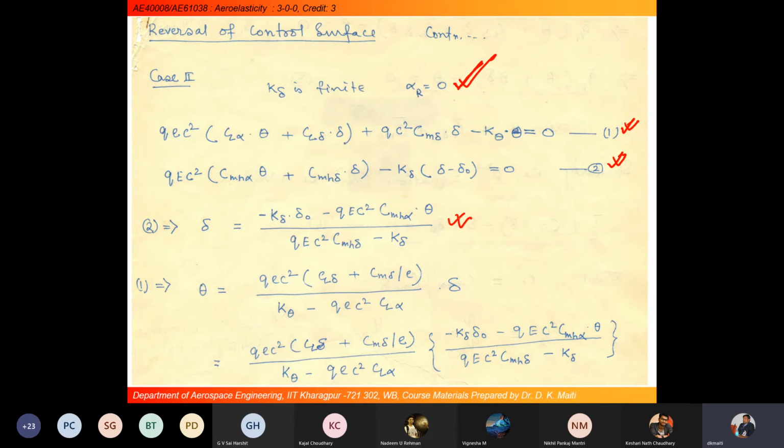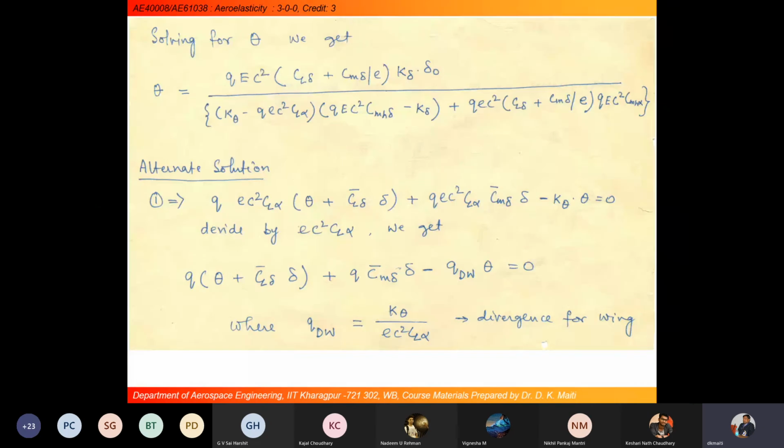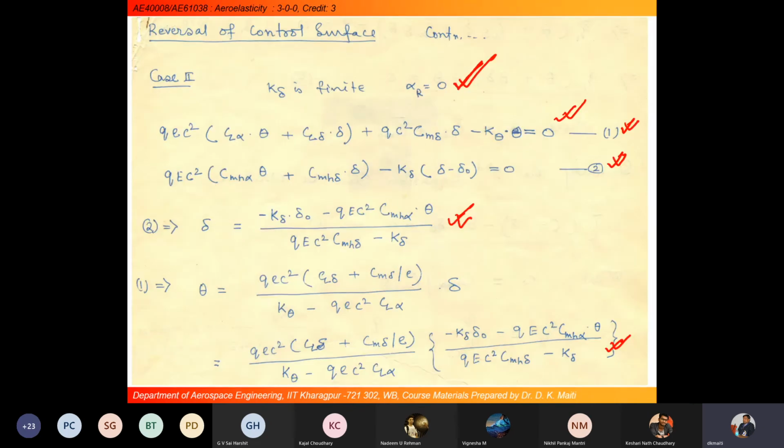So from the second equation we have calculated delta, and then this delta we have substituted in the first equation in place of delta. Finally, after simplification we can get the value of theta first, and after getting theta we will be able to calculate the delta value. But that is with the dimensional equation.